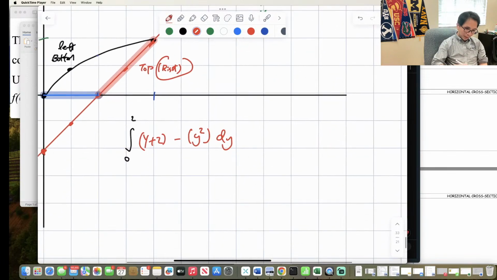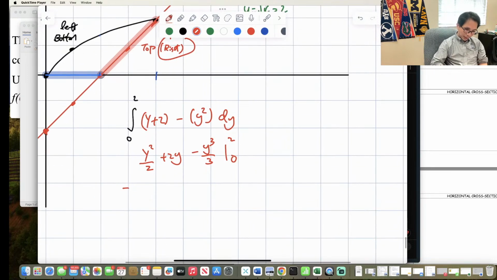Everything's super easy: y squared over 2 plus 2y minus y to the 3 over 3, between 0 and 2. I plug in 2, so it'll be 2 squared over 2 plus 2 times 2 minus 2 to the third over 3, minus all the zeros.